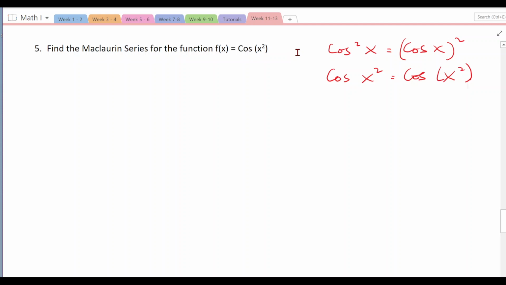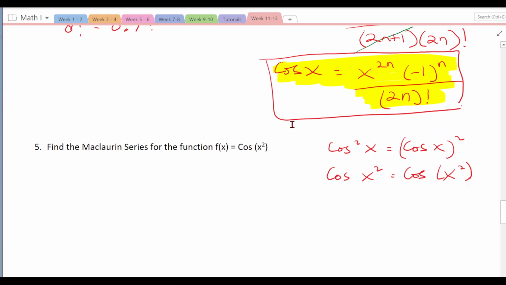What we did in the previous video is find the Maclaurin series for cos x. To find the Maclaurin series for cos of x squared, we simply replace everything in here. Let's write it down first.